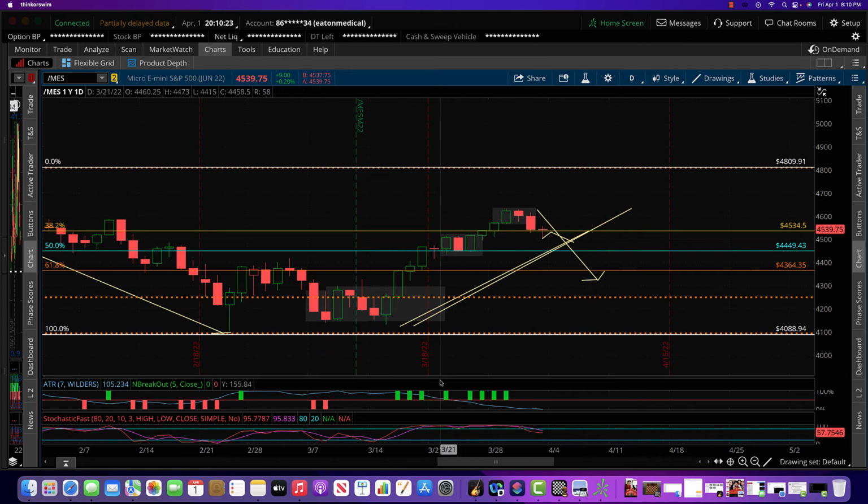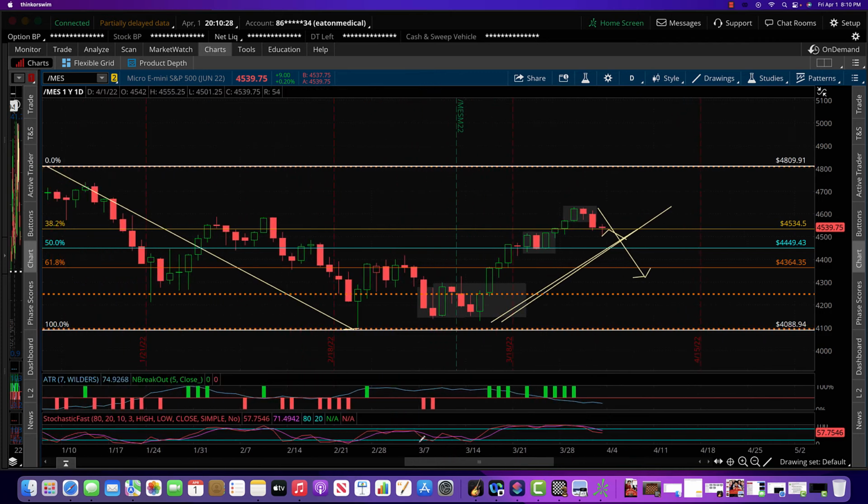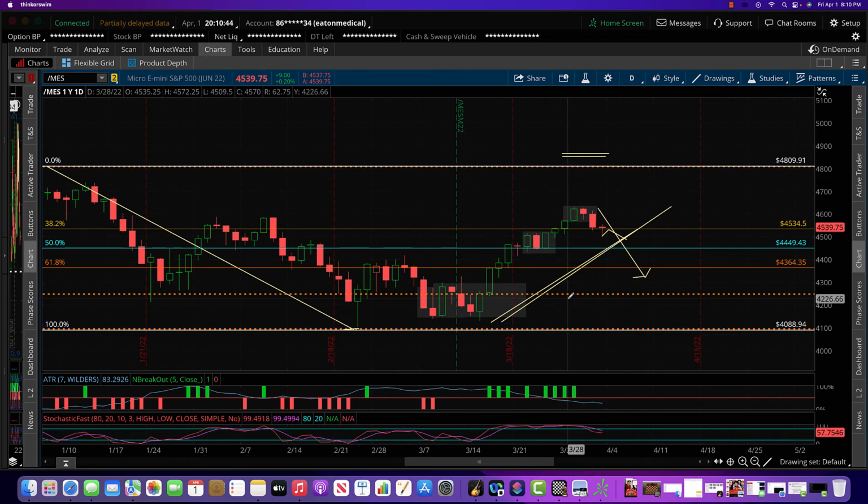If you were a credit spread trader or an option trader, you would be looking at selling a credit spread up here. A call credit spread right here. You wouldn't put an iron condor on right now when your market has two wings.